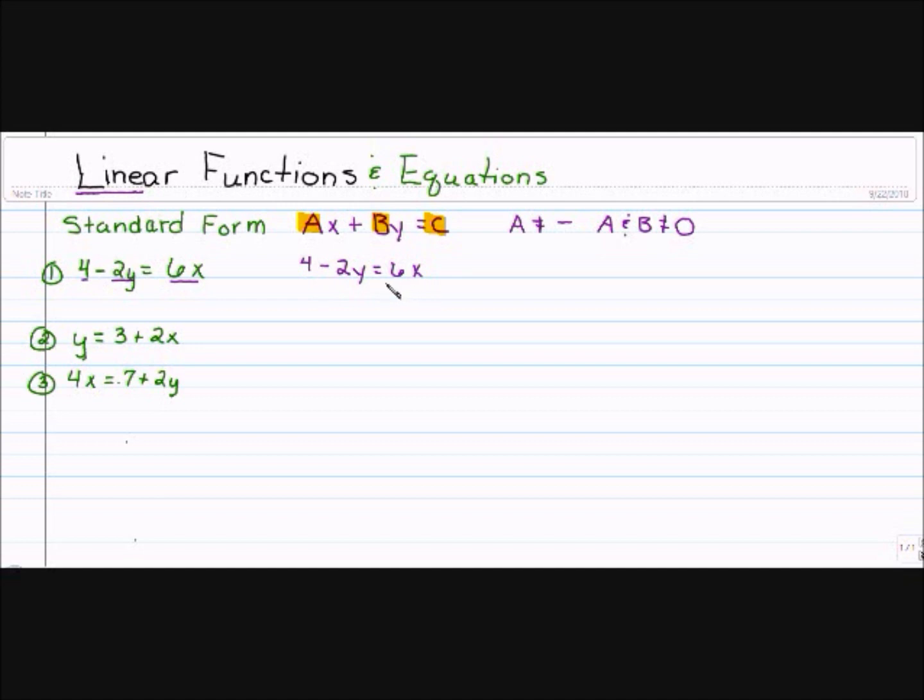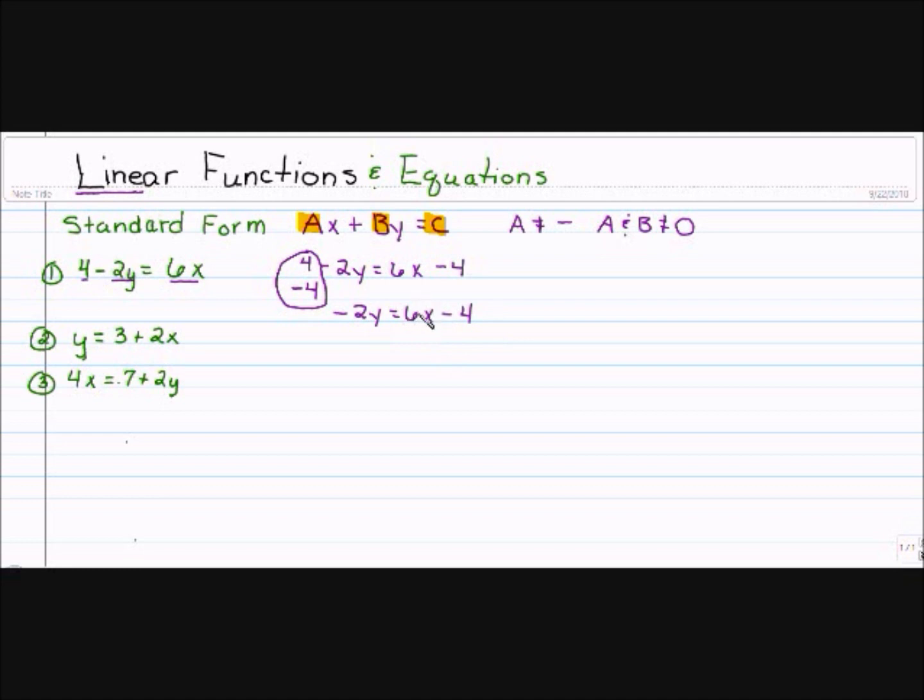By doing that, I solve the opposite. The opposite of a positive 4 is a negative 4. This zeroes out according to my property. I'm left with a negative 2y equals 6x minus 4.